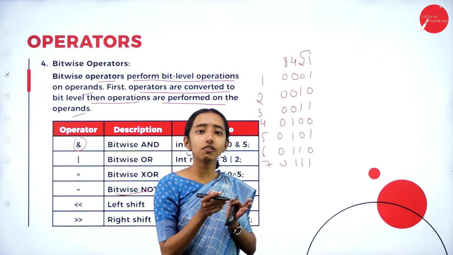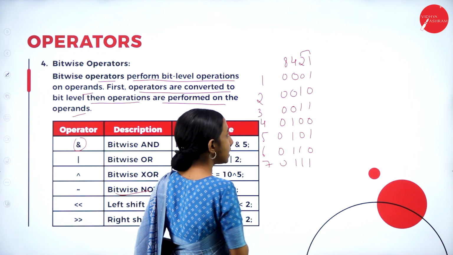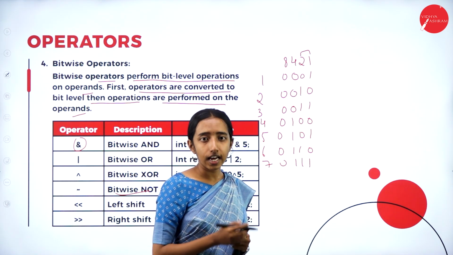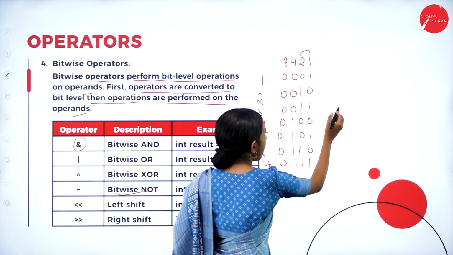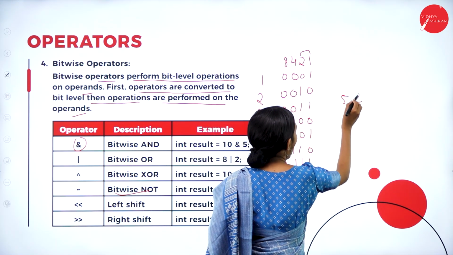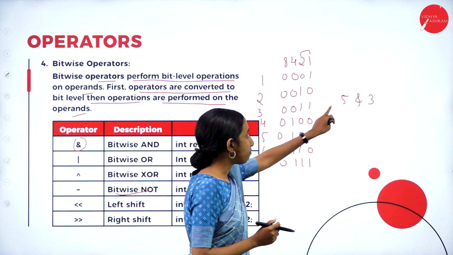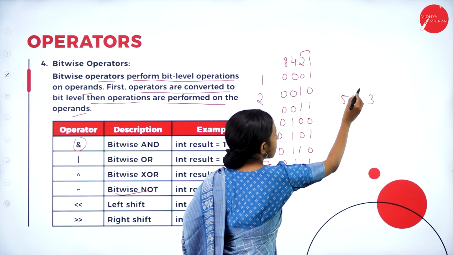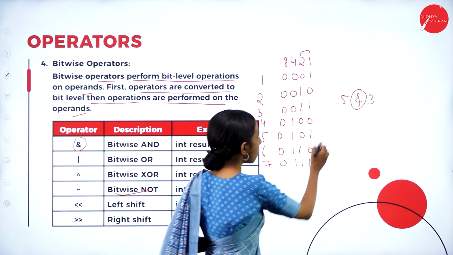So how does the bitwise operator work? For example, we are having the bitwise AND operator. We will take 5 AND 3. The 5 and 3 are the two operands, and the operator I am using is the bitwise AND.